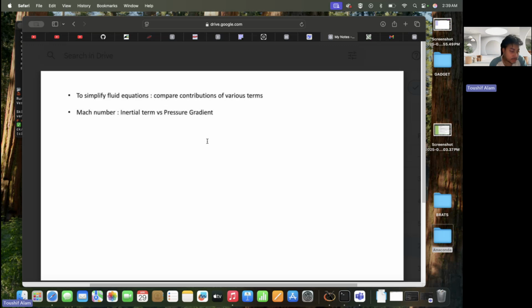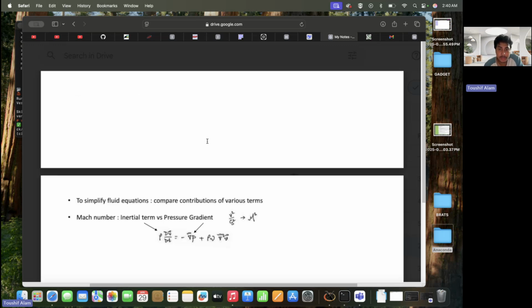For the next study, to simplify fluid equations, we compare the contributions of various terms. Mach number: do you know what the Mach number is? Mach number is inertial term versus pressure gradient. Or it can also be defined as the velocity of a fluid divided by the sound speed at that particular temperature. In general, the Mach number is defined as the inertial term versus pressure gradient.